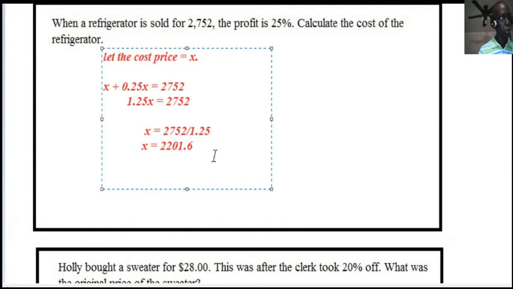X equals 2,201.6. Thus, the cost price of the refrigerator was $2,201.60.